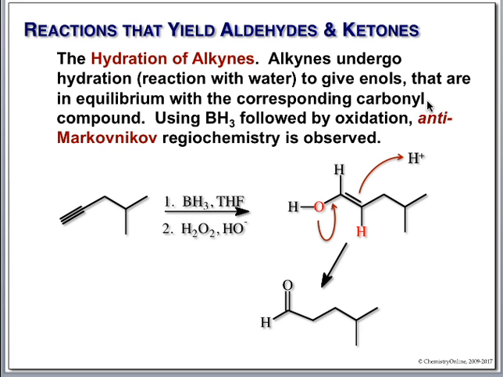But what's going to happen is we're going to add the boron to the terminal carbon here. We add it to the anti-Markovnikov carbon, and we're going to transfer the hydride to this carbon. In the oxidative workup step, we dump the boron and replace it with the OH.